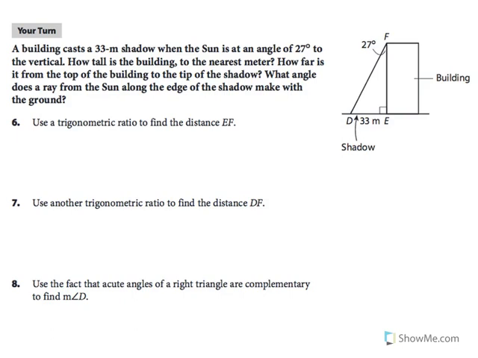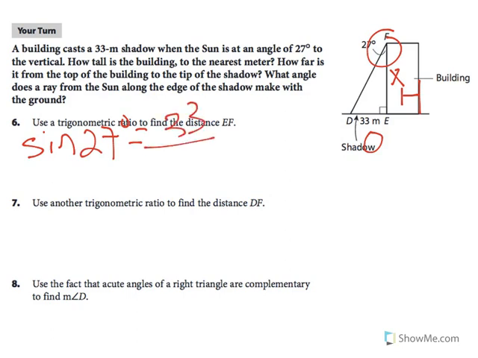So we're looking for the distance from E to F. We're observing from this angle, so we have opposite and hypotenuse. So opposite and hypotenuse, we use sine. So we use sine of 27 degrees equal to opposite 33, and hypotenuse is EF.